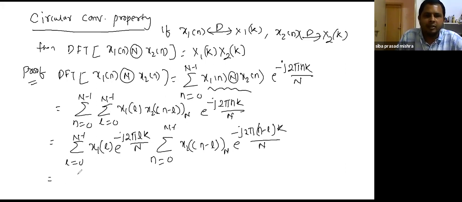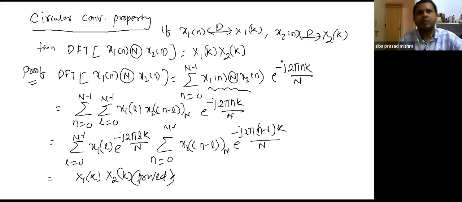The first term is X1(k), and for the second term, if you take n minus l equal to some integer value m, it is X2(k). So it is proved. This is an important property: if the DFT of x1(n) is X1(k) and of x2(n) is X2(k), then the DFT of its circular convolution equals the multiplication of the individual DFTs of the sequences.